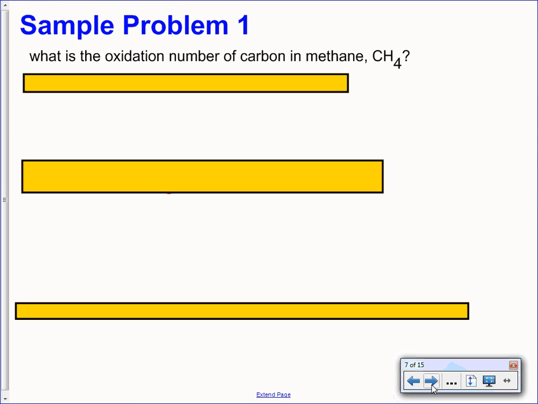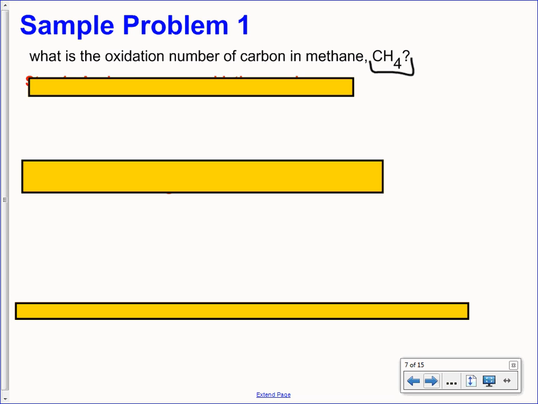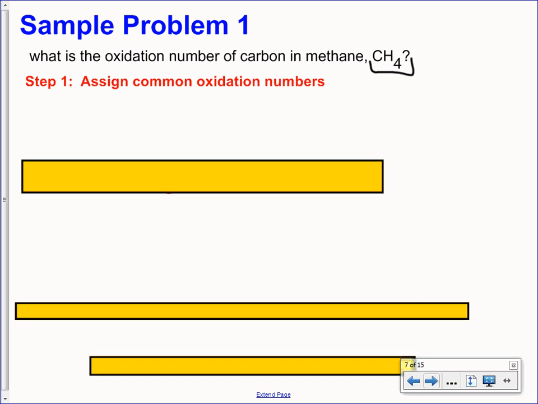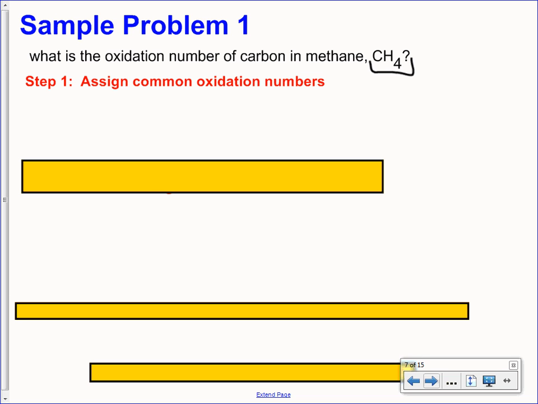So in the first example, we'll determine what the oxidation number of carbon is in methane. So if we use methane as our example, and we're asked to determine the oxidation number on carbon, the first thing that we'll do is assign common oxidation numbers. We use our chart from the previous slide.